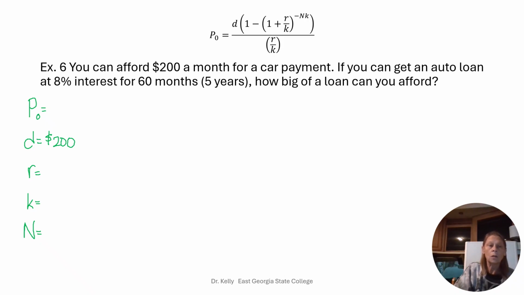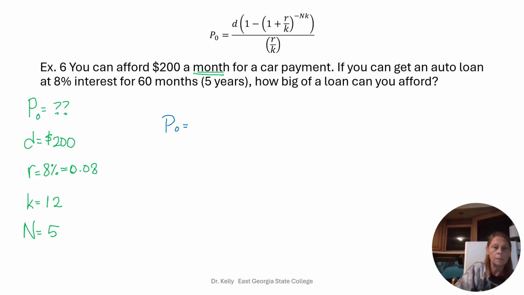Okay, if you can afford $200 a month payments, there we know we got that. If you can get a loan at 8% interest, which is 0.08, for 5 years, how big of a loan can you afford? Now, we'll be paying $200 a month for car payments. K is 12. So let's do it here.